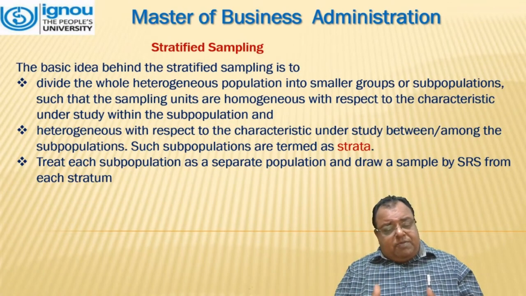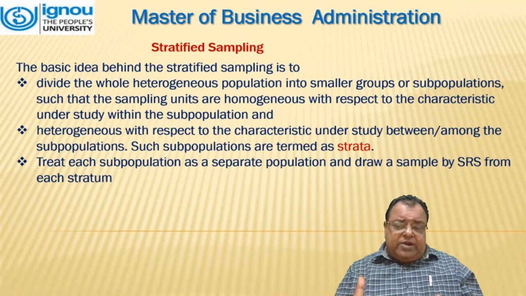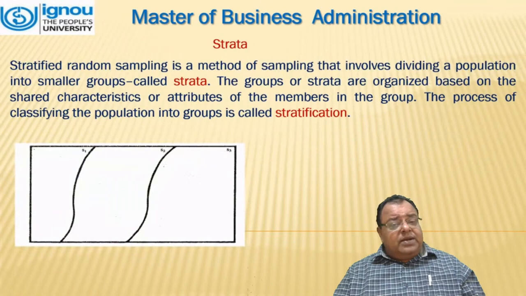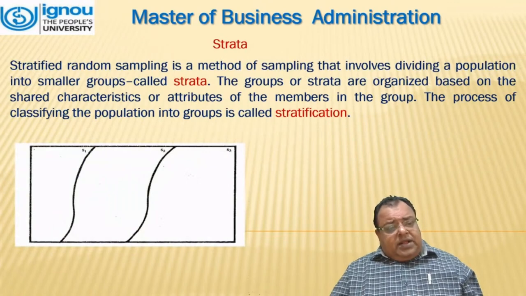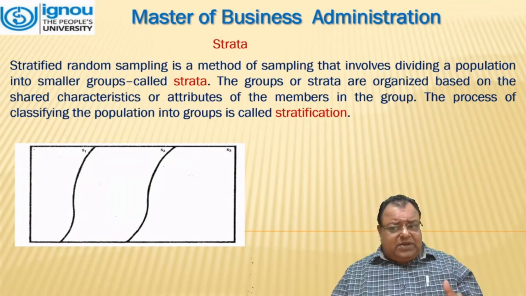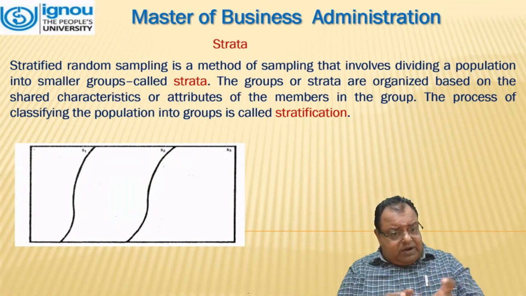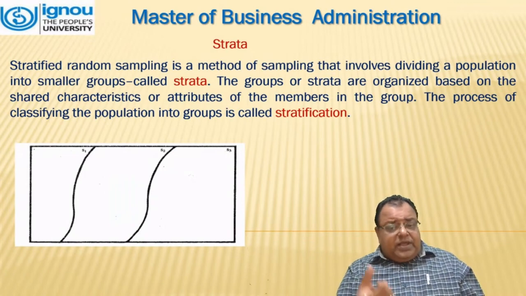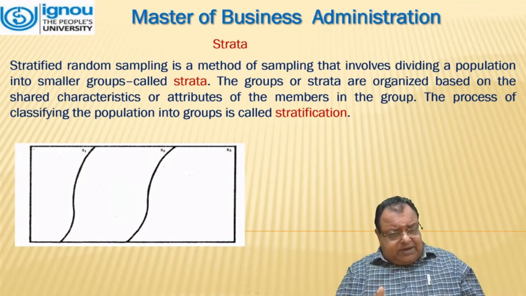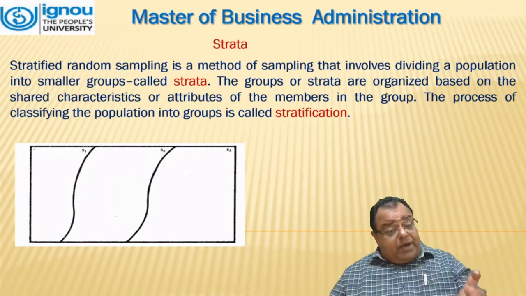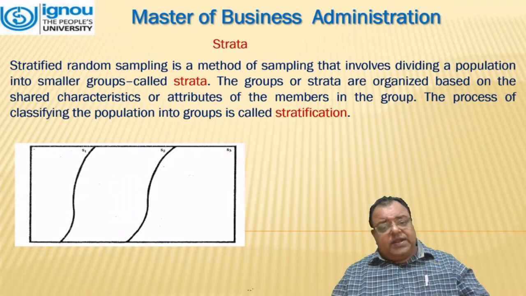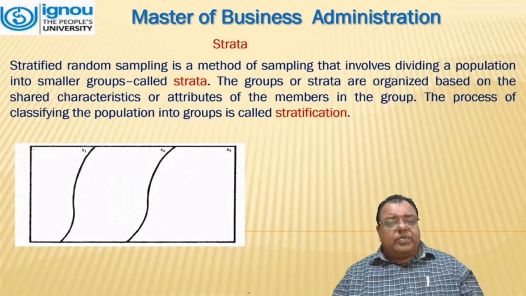Treat each subpopulation as a separate population and draw a sample by SRS from each stratum. Stratified random sampling is a method of sampling which involves dividing the population into smaller groups, known as strata. The groups or strata are organized based on the shared characteristics or attributes of the members of the groups. And this process of classifying the population into groups is called stratification.